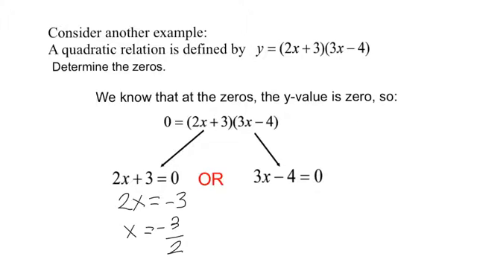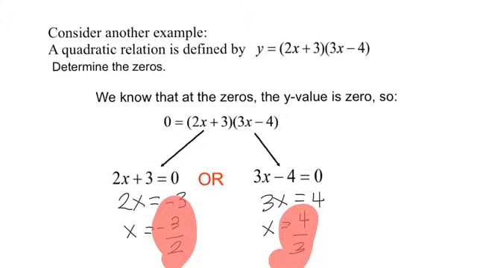On the other one, I'm going to have 3x equals 4, x equals 4/3. So again, these numbers are your zeros. I didn't need to come up with a table of values. I just know that my zeros are at -3/2 and 4/3.